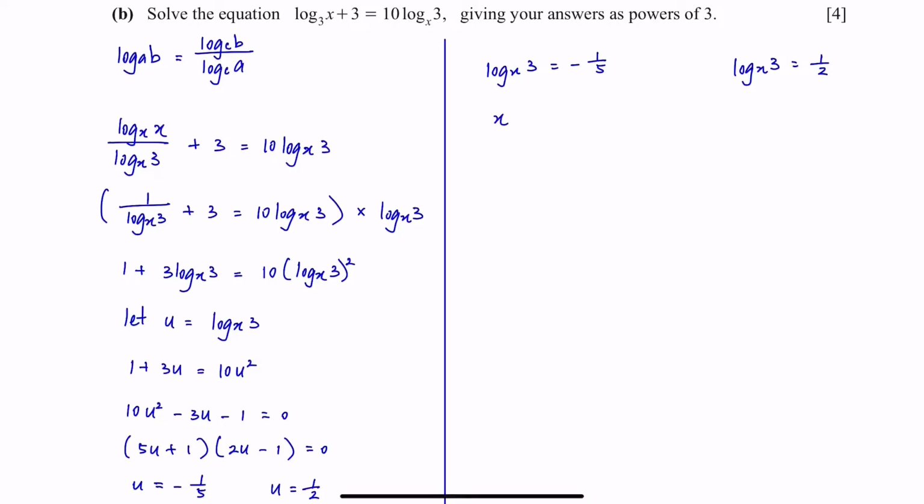So now x to the power of negative 1/5 would give us 3 and x would be 3 to the power of negative 5. And the second one, we would have x to the power of 1/2 equals 3 and x would be 3 squared.